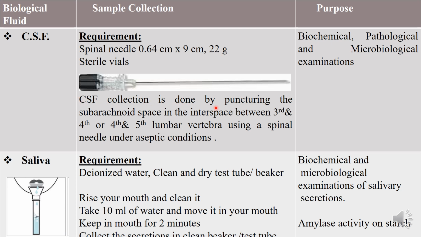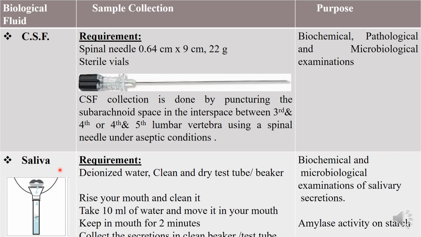CSF collection is done by puncturing the subarachnoid space in the interspace between the third and fourth or the fourth and fifth lumbar vertebra using a spinal needle under aseptic conditions. After collecting the sample, it is transferred to a sterile vial and it can be sent for biochemical, pathological and microbiological examinations under various conditions.